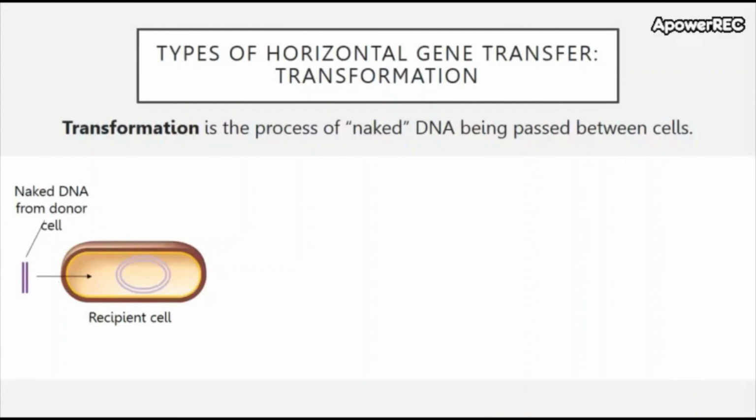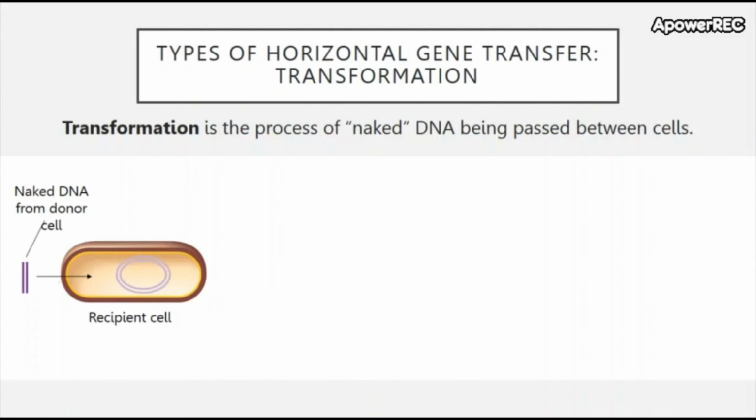The next form of horizontal gene transfer is transformation. Transformation is a very basic process. It's the process by which what we call naked DNA, or DNA that's not in a cell but just free floating in the environment, is being passed between cells.